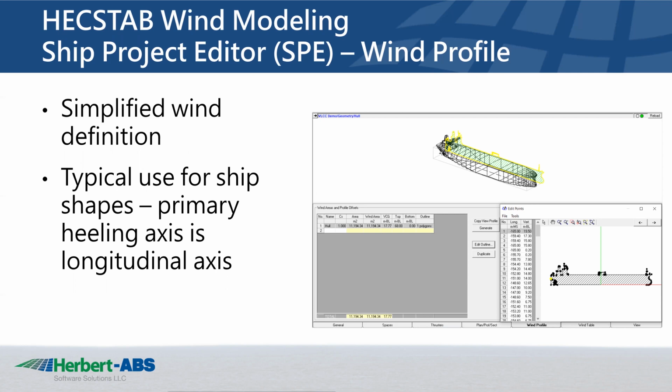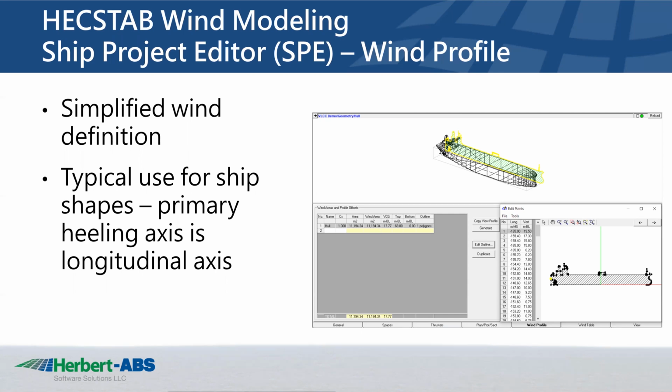And so this wind definition is typically limited only to evaluation for beam winds. And so it's typically only used for ship shapes where our primary heeling axis is the longitudinal axis.